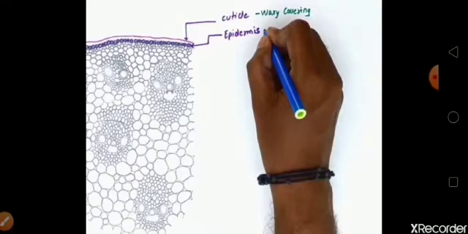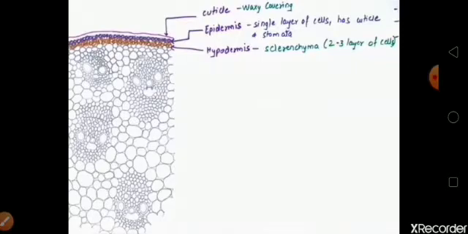Next layer, that is the violet colored layer, is epidermis. It is made up of single layered parenchymatous cells. The epidermis also consists of stomata.